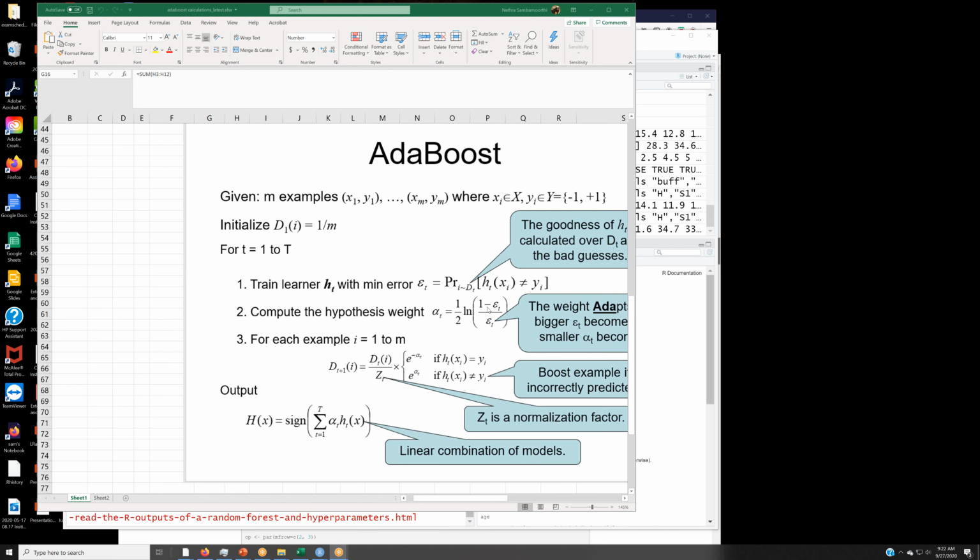As long as 1 minus epsilon t is above 0.5, very important statement, this ratio is always going to be greater than 1. Agreed? I will tell you why the 0.5 matters.